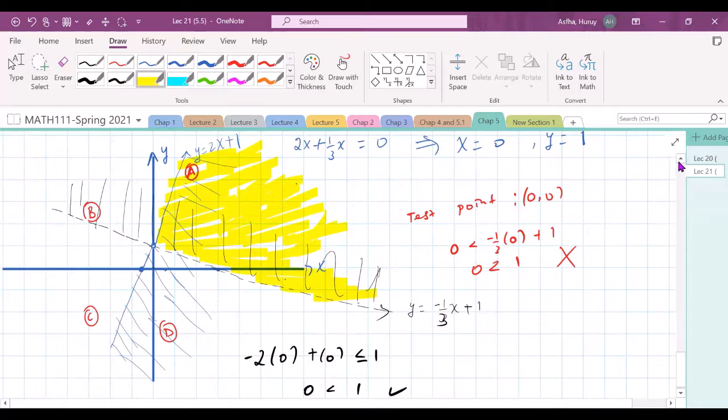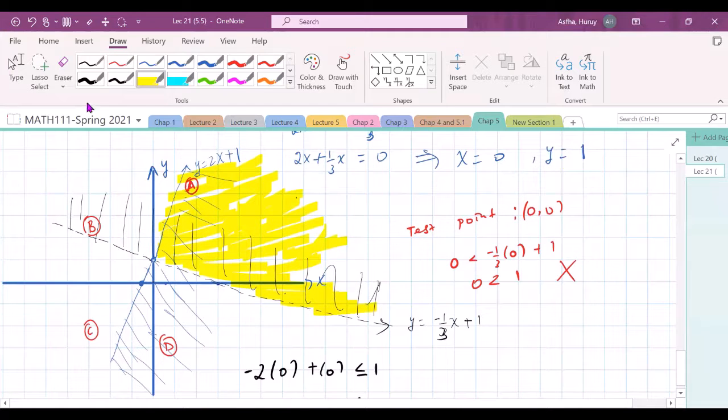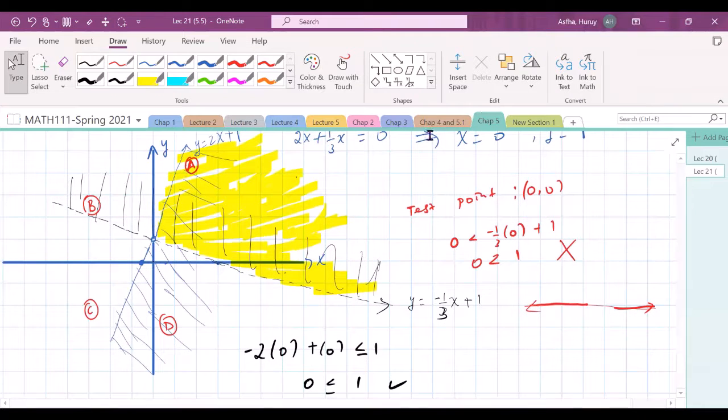But the difference is that in one variable, we would just use the number line, and we would use just a line like this, let's say to the left, or to the right. But in this one, we need to find the region which satisfies both inequalities. Okay, so this is all for today, and see you in the next lecture.